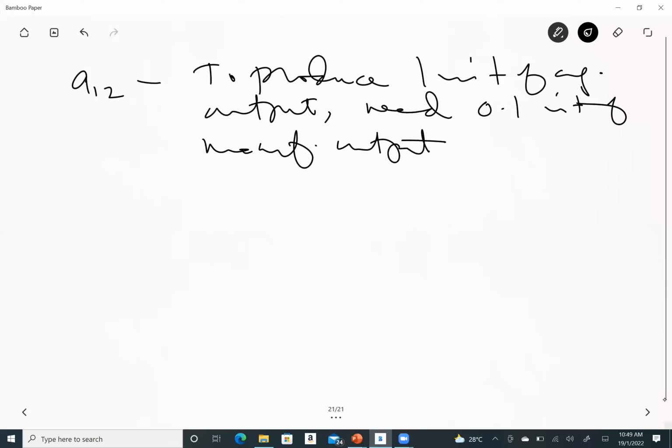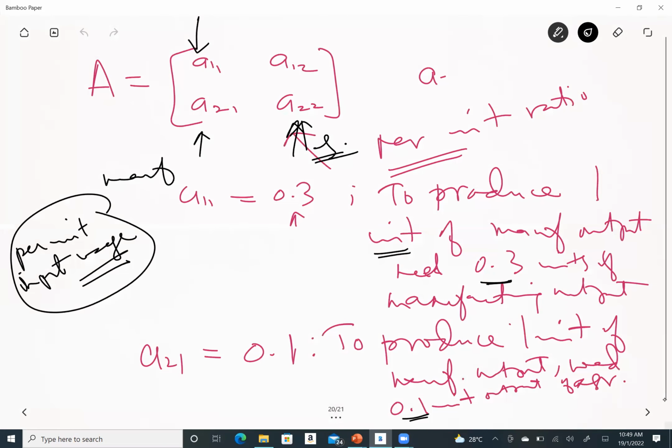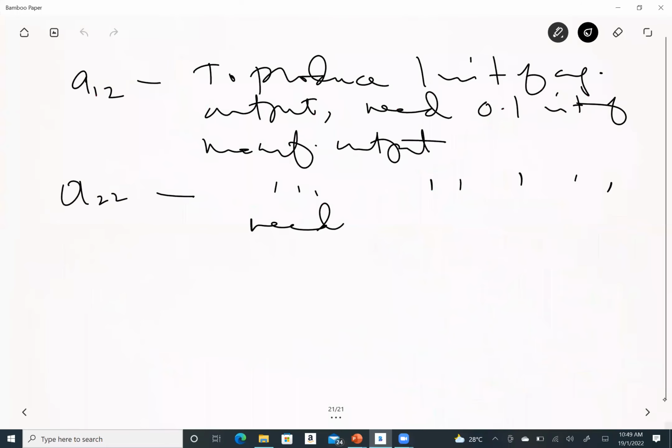And A22 is to produce 1 unit of agriculture, I need, go back to the matrix, 0.2 unit of agriculture output. So to produce 1 unit of agriculture output, I need 0.1 unit of manufacturing output.